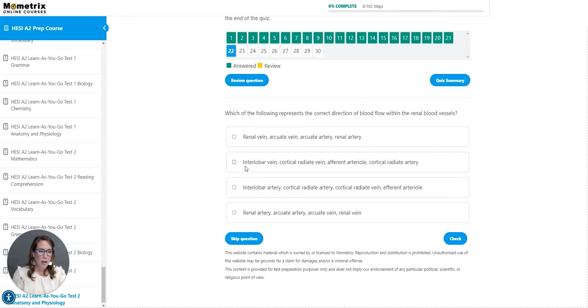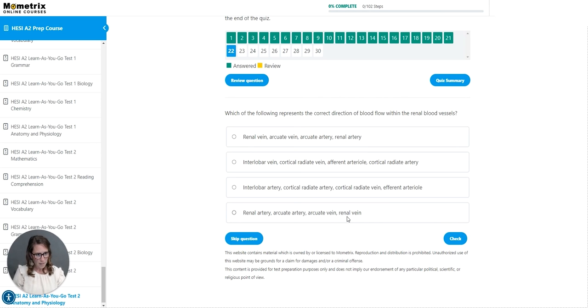Then you have your interlobular vein, cortical radiate vein, afferent arteriole, and cortical radiate artery. Then interlobular artery, cortical radiate artery, cortical radiate vein, and efferent arteriole. Then renal artery, arcuate vein, and renal vein.